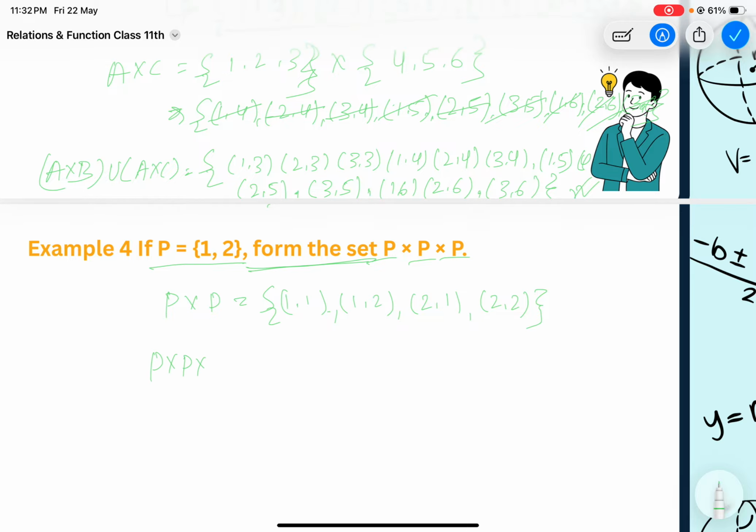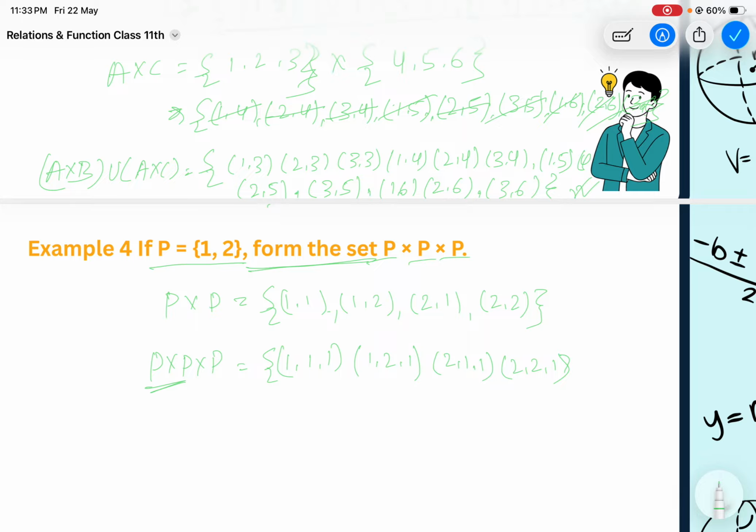Now we will do P into P into P. So we have already P into P, so 1 comma 1 comma 1, right? Now 1 comma 2 comma 1, now 2 comma 1 comma 1, now 2 comma 2 comma 1.